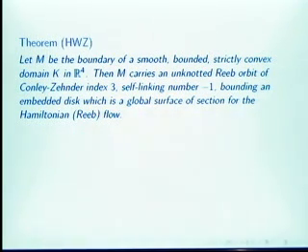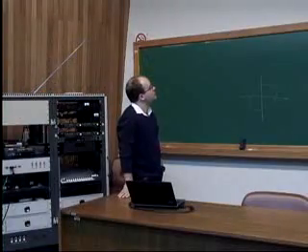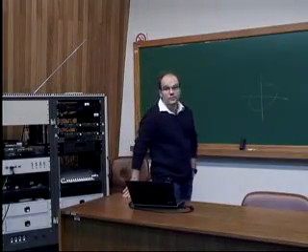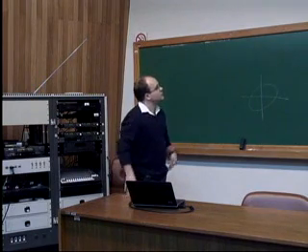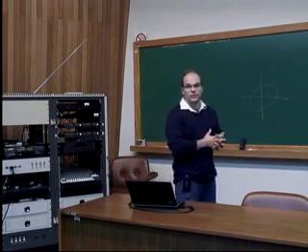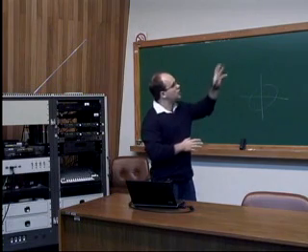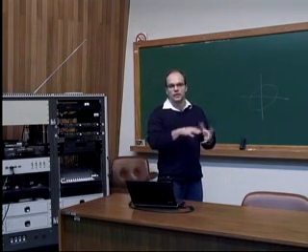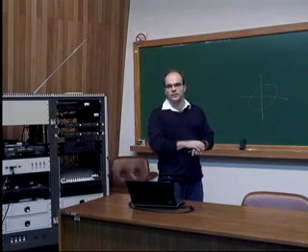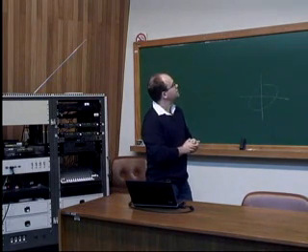They say that the boundary of a smooth bounded strictly convex domain in R4, so we're talking about a convex set here, this energy level always carries an unknotted orbit for the Hamiltonian dynamics with Conley-Zehnder index 3, self-linking number -1, and this orbit bounds a disk-like global surface of section. I'll come back to the self-linking number. The self-linking number is a contact topological invariant of a transverse knot, in particular of a periodic orbit.